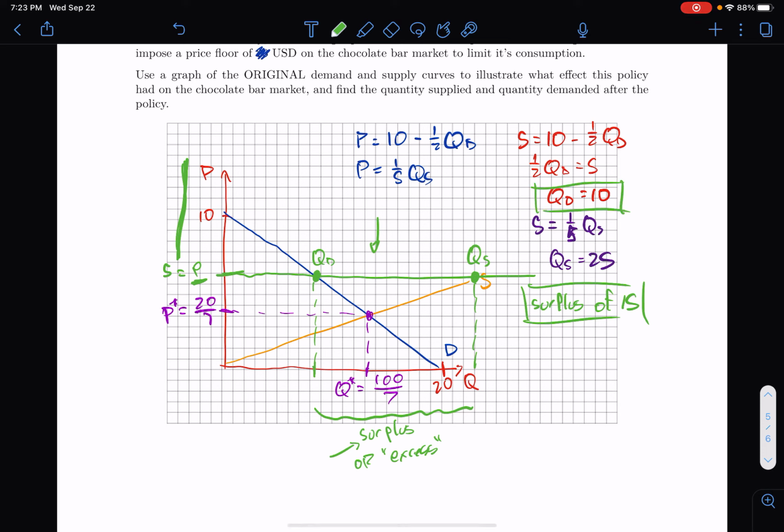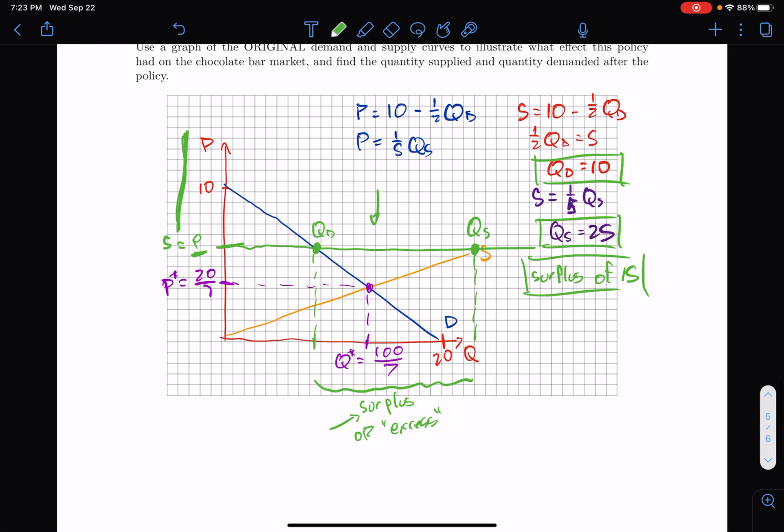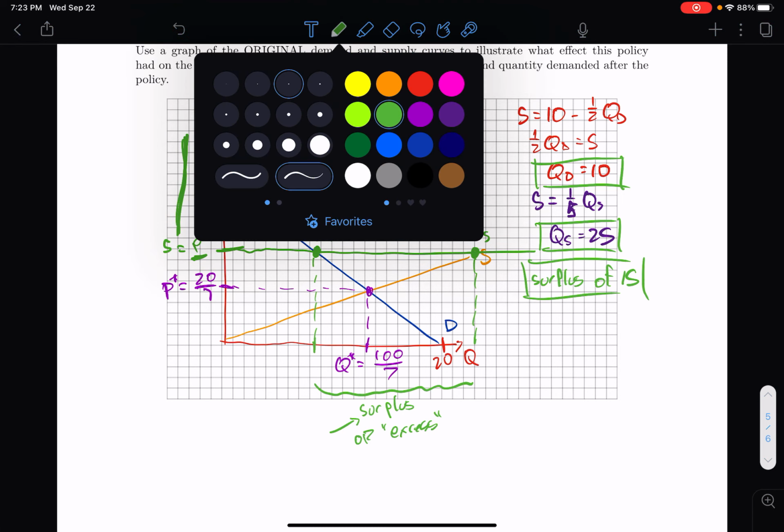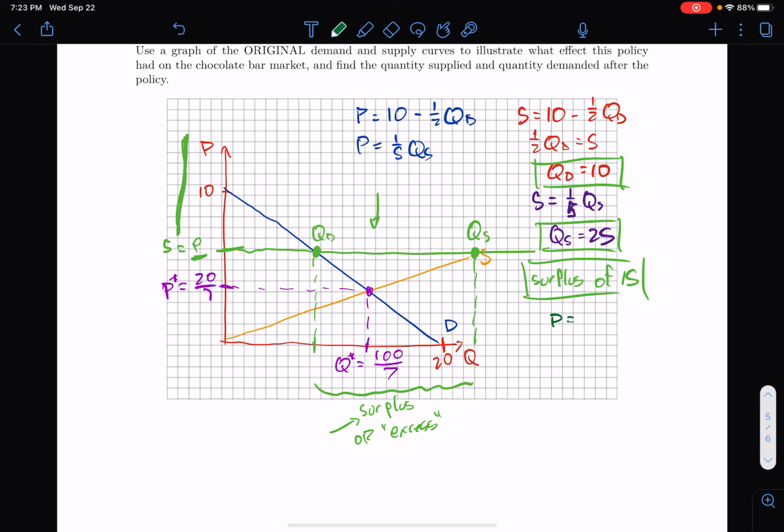And we get our two quantities. And just for completeness, we'll say that the price is equal to P lower bar, which is equal to 5.